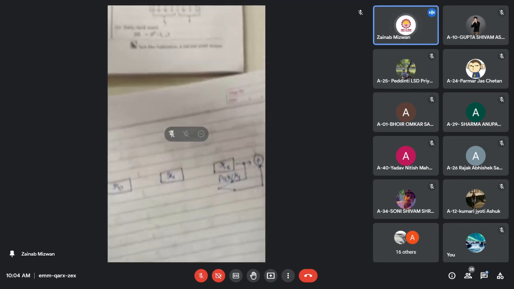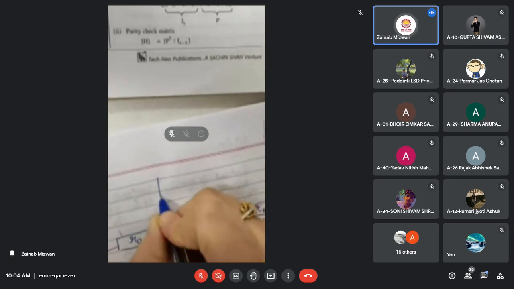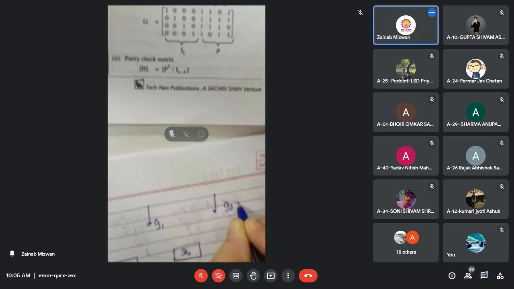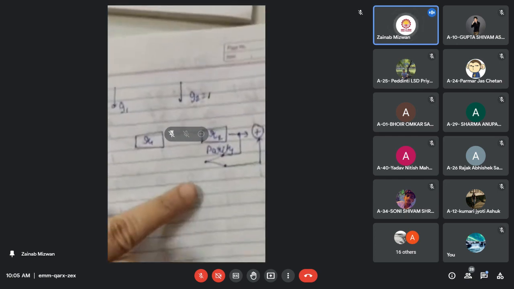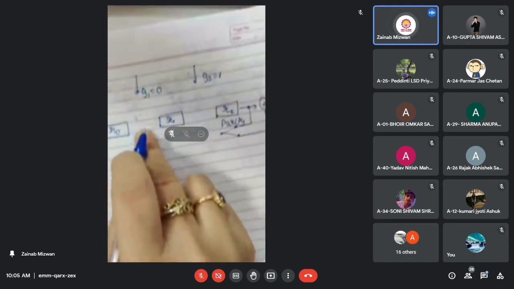As you can see, when I complete this connection, we have G1 over here and G2 over here. For this, G2 is equal to 1, whereas G1 is equal to 0. So this connection won't be completed.